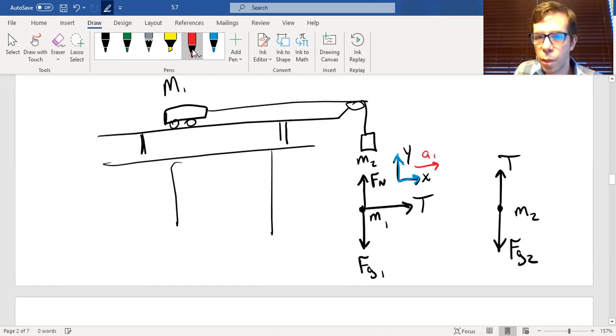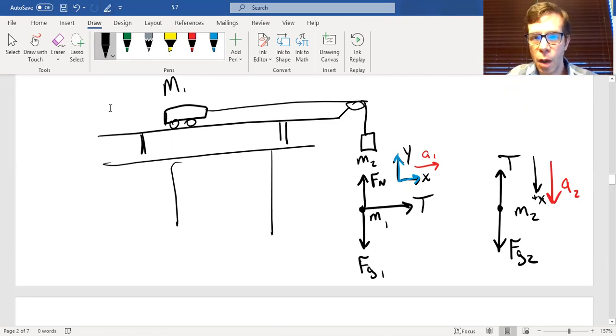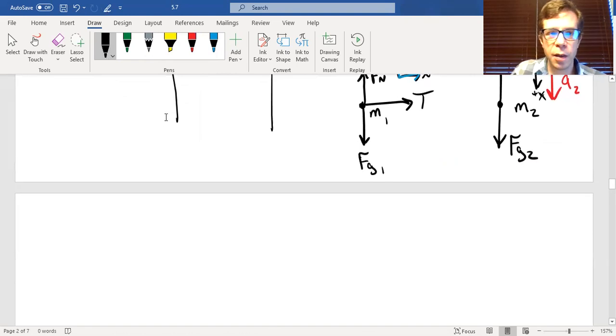And that's good because we like one of our coordinates to be 0 if we can, and in this case, the y acceleration is 0. And the hanging mass is going to fall. So I'm going to call down my positive x direction for the hanging mass.